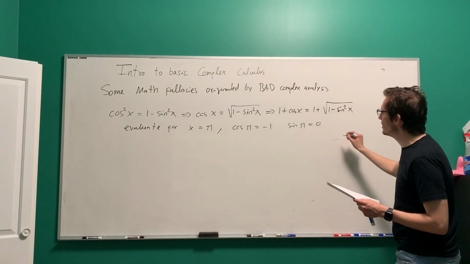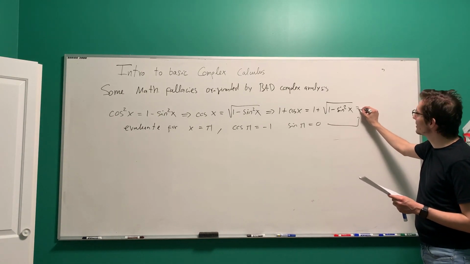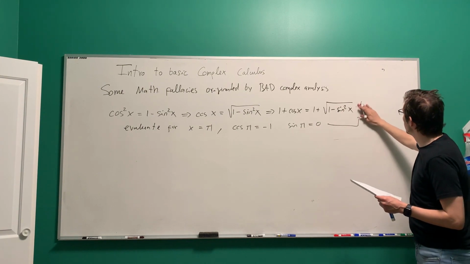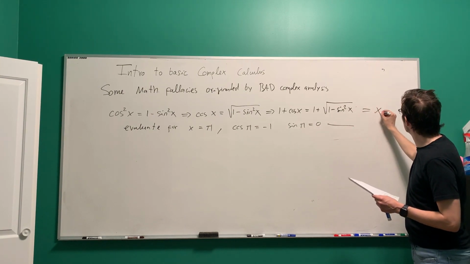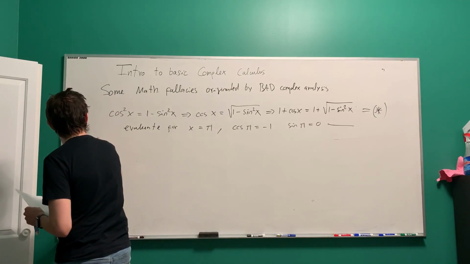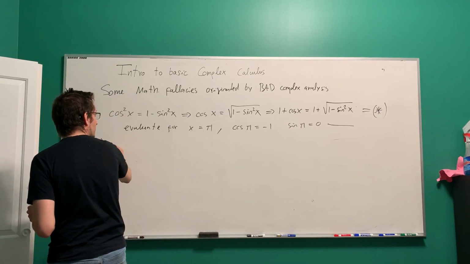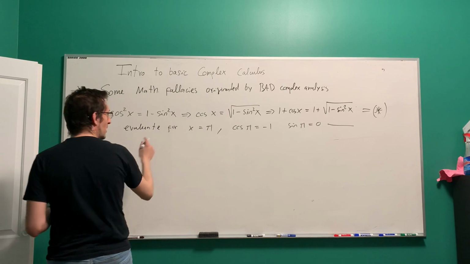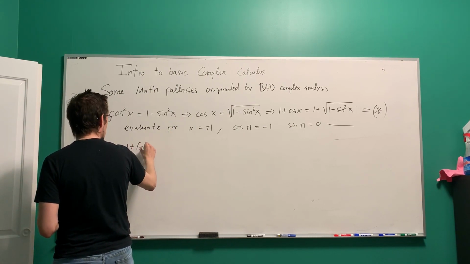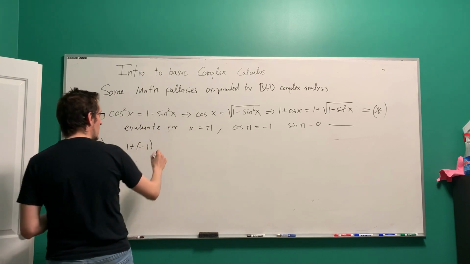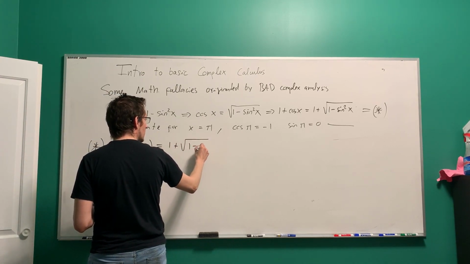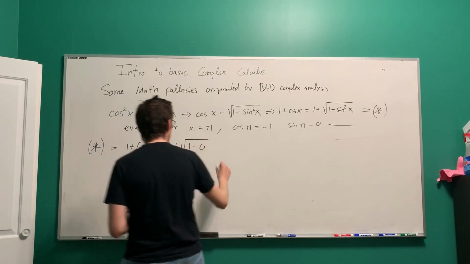So I evaluate this and I say, okay, 1 plus minus 1, which is the cosine of pi, equals 1 plus the root of 1 minus 0, which is the sine of pi.